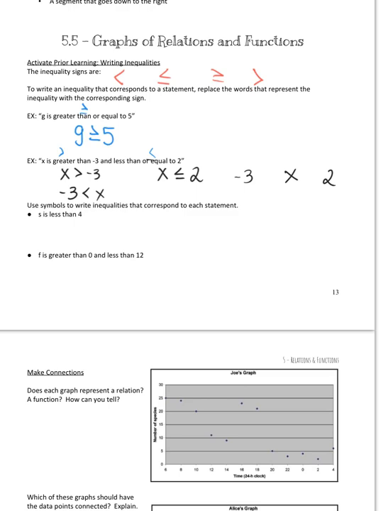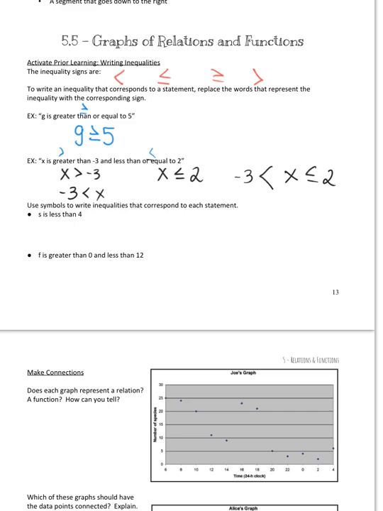And so we write it with our smaller number to the left, larger number to the right. So when we write this together, we're going to copy the signs that have that together. So X and 2, where X is on the left, we use this sign. Now, when X and negative 3 are related, where negative 3 is on the left, we use this sign. So this says that X is between negative 3 and positive 2.